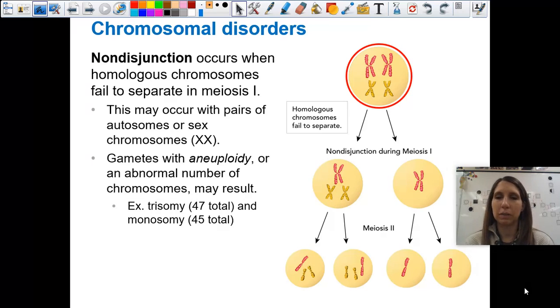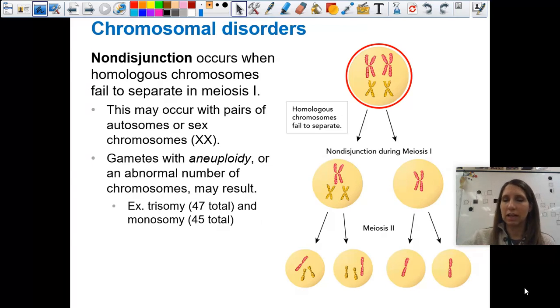But only for those homologous chromosomes, so 1 through 22, and then X's in females. If those don't separate properly in anaphase 1, when they're supposed to be pulled apart, we can end up with cells that have an abnormal number of chromosomes. And so the trisomies and the monosomies that we talked about in 15.1 are actually derived from this process.